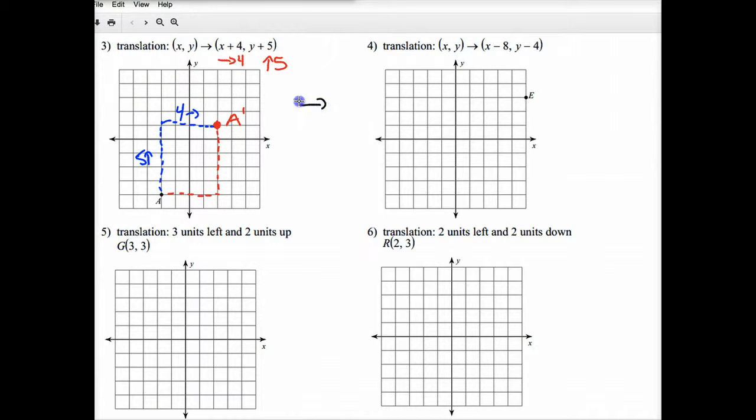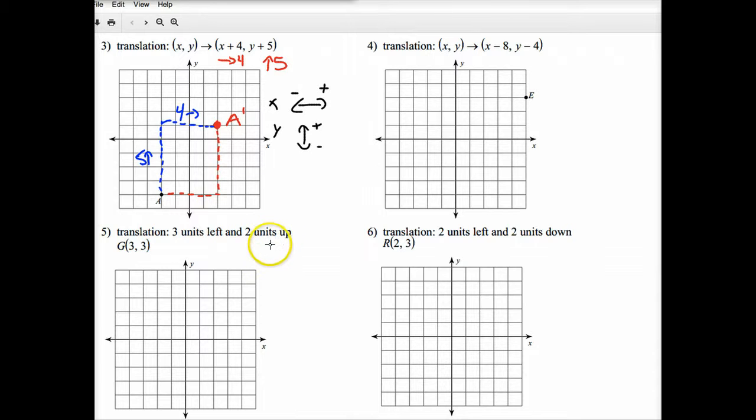So when we have our left and right with our x, plus is going to go to the right, minus is going to go to the left, and y is going up and down. We're looking at positive. When we're adding something to a y, we go up, and when we're subtracting from that y, we're going down. All right, now let's do this next one.